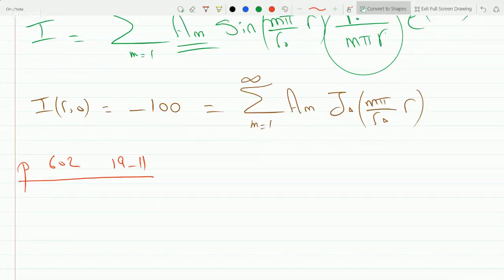That says equation 19.11, page 602. Let's write it out.